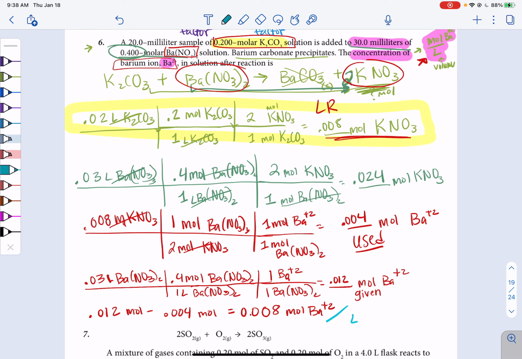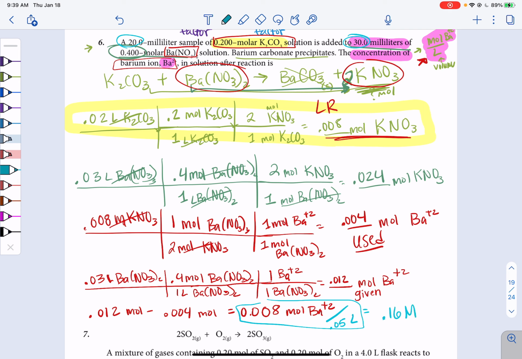The two solutions were added together, and it was 20 milliliters and 30 milliliters according to the original problem. So that makes 50 milliliters, which is 0.05 liters. When you divide these two, you get 0.16 molarity concentration.